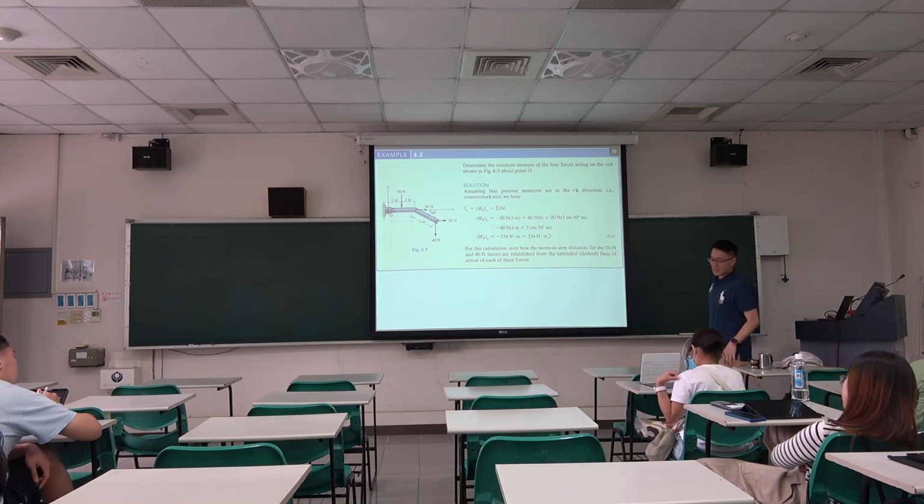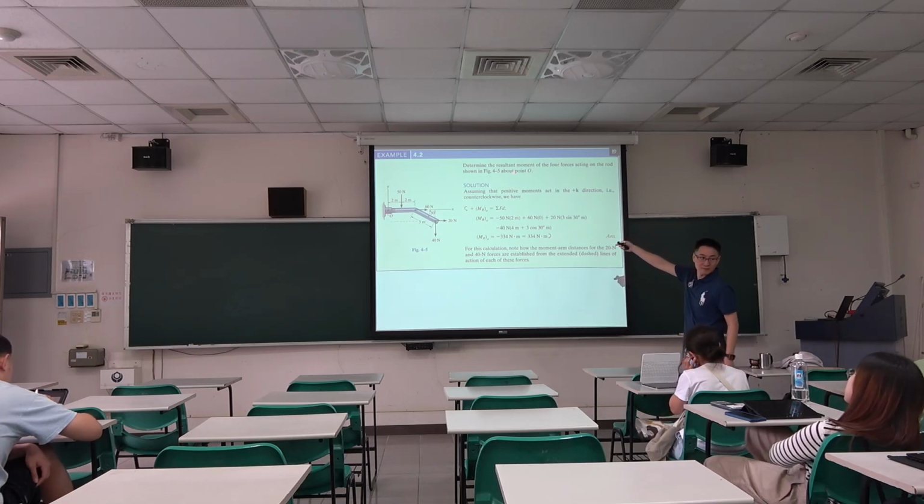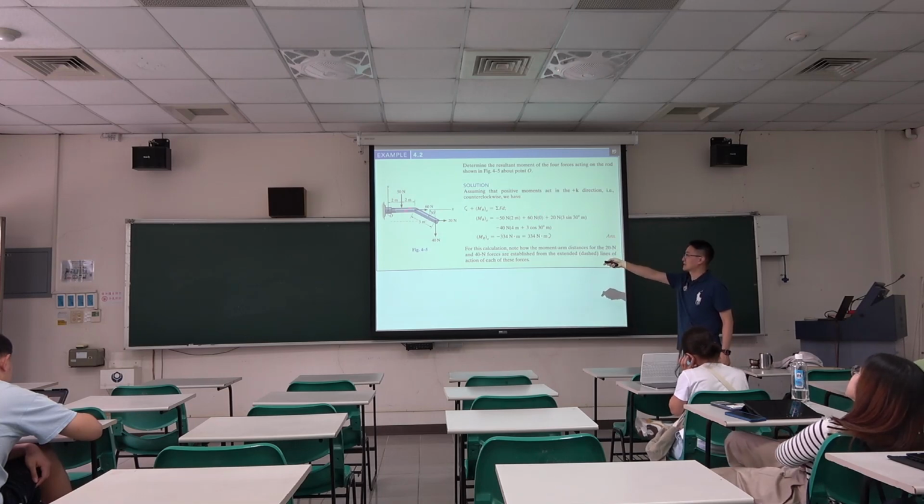Okay, next example. Determine the resultant moment of the 4 forces acting on the rod. There are 4 forces: 1, 2, 3, 4 on the rod. We care about the moment about point O, so that's the reference point.